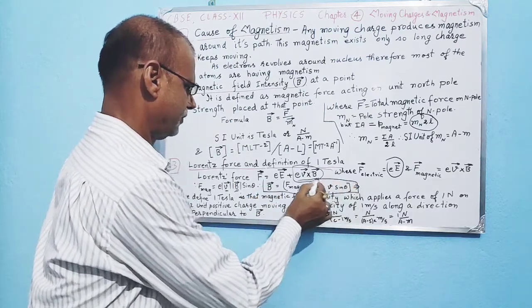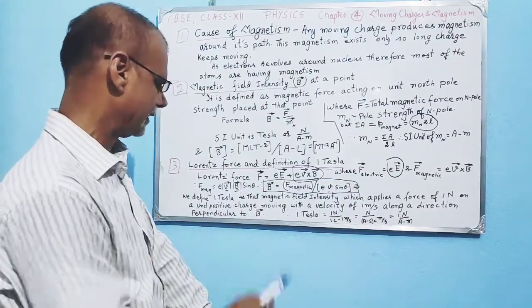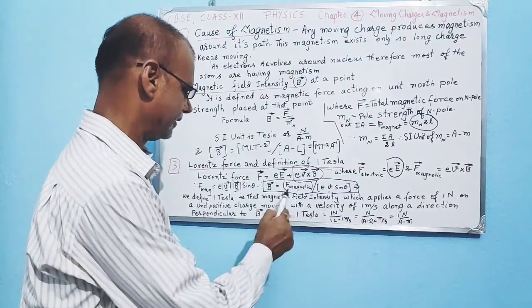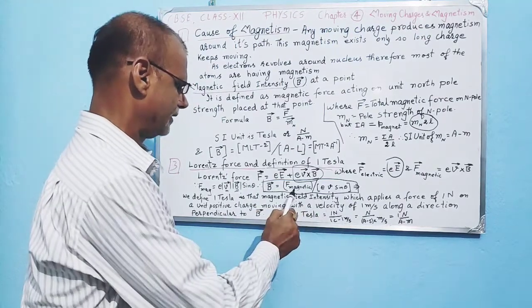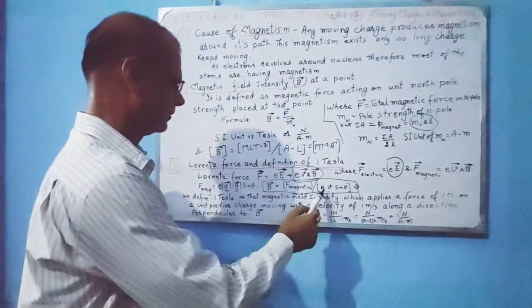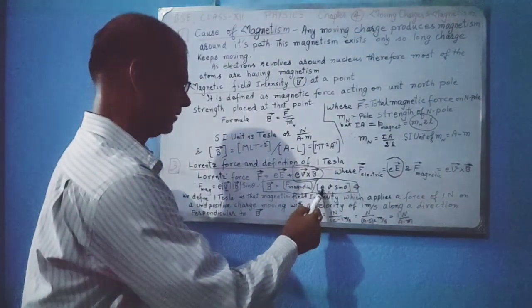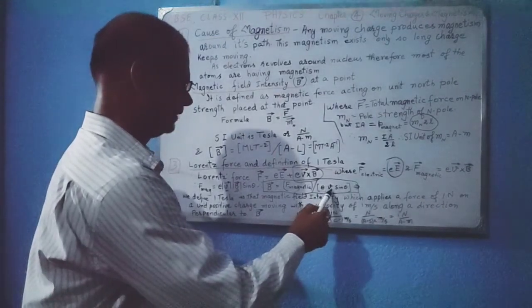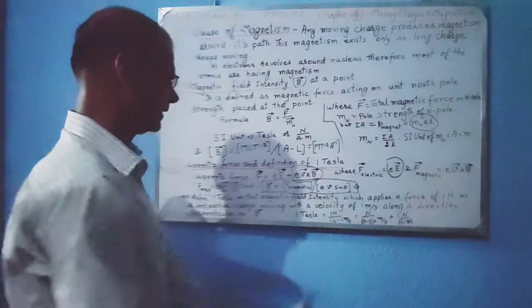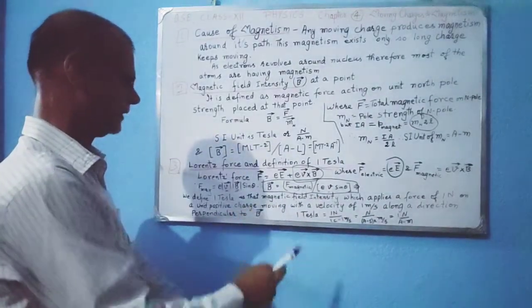From this expression we are now in a position to define 1 Tesla. We define 1 Tesla as that magnetic field intensity which applies a force of 1 Newton when a positive charge of 1 coulomb is moving with a velocity v at 90 degrees to the magnetic field intensity present there.